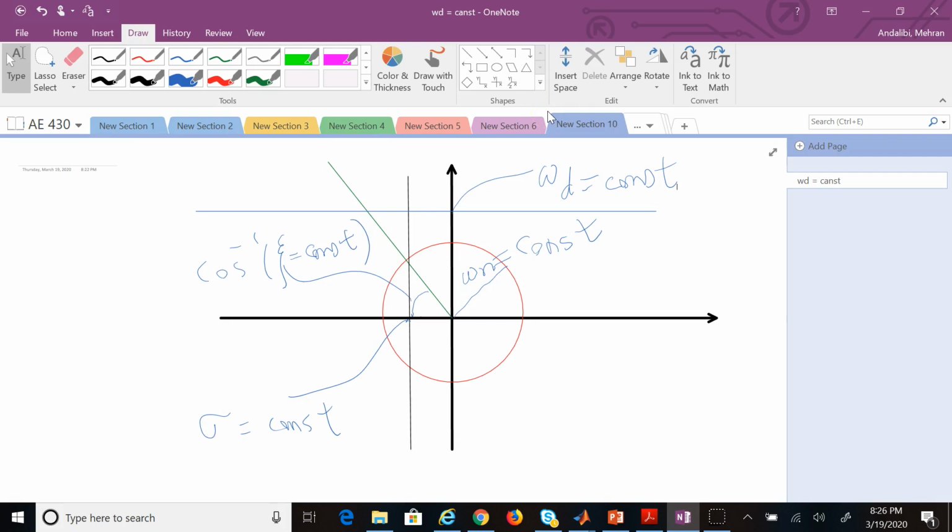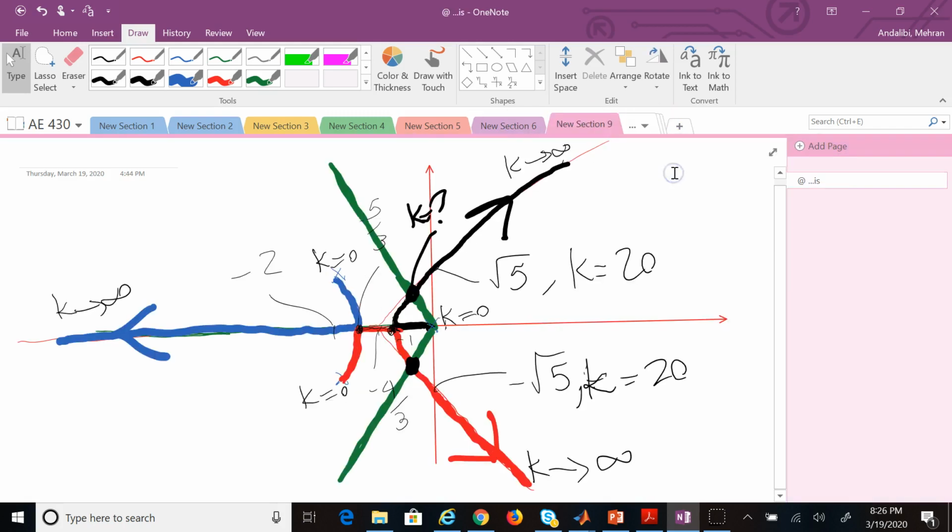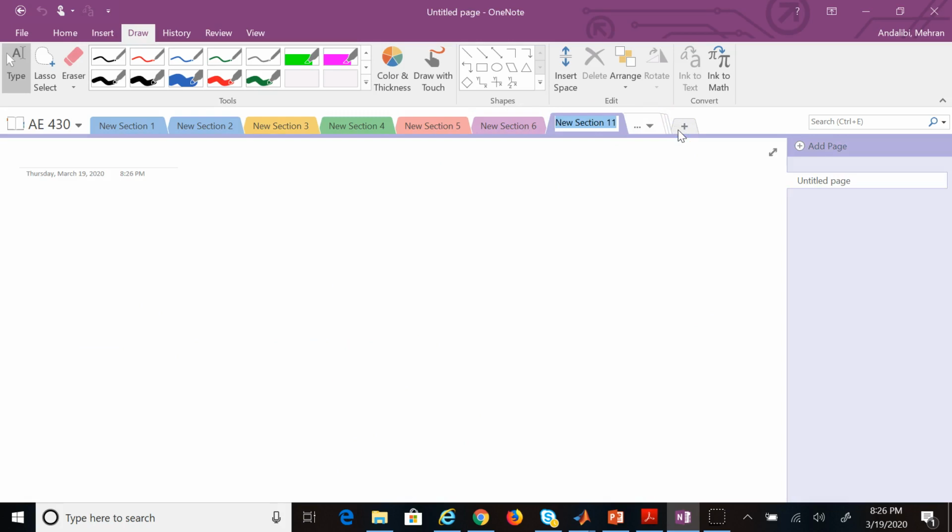The other thing I wanted to mention is how to find K at any arbitrary location. That is very important. So let me draw it somewhere else to make it a little nicer for you.